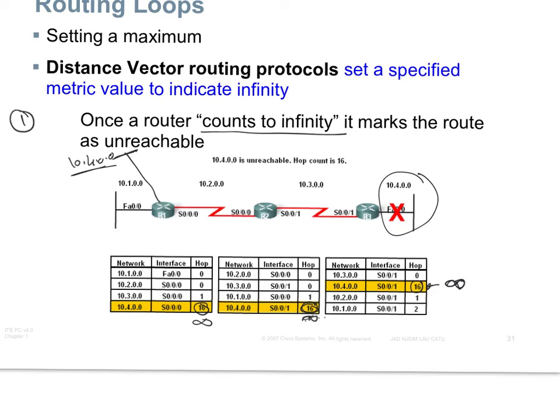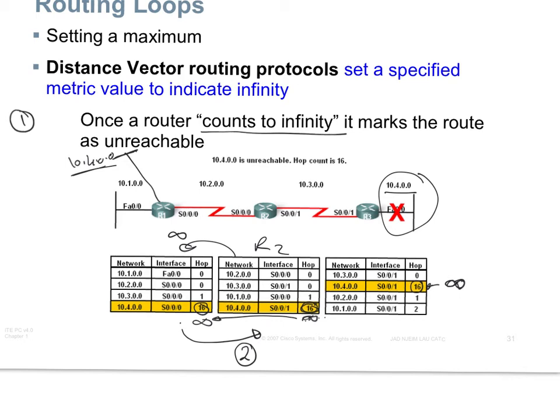So router 1 now, before it receives the infinity from here, sends a periodic update about 10.4.0.0 with a metric of 2. And then it receives the route from router 2 with an update of infinity. So this is a very interesting situation now.